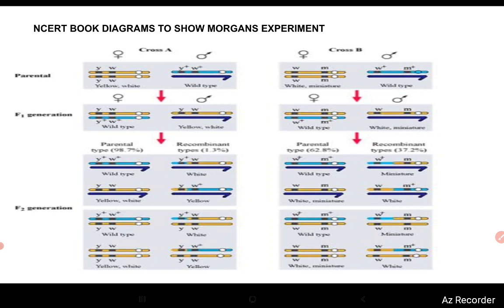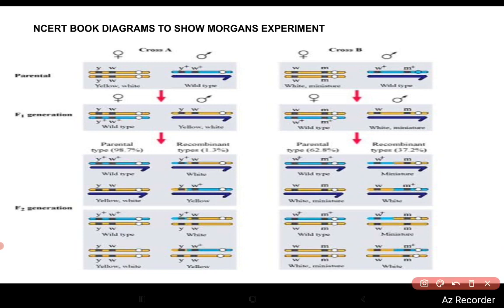So here the parental combination in cross 1 is yellow body and white eyes, which are the recessive traits in the female, and in the male it is brown colored body with red eye, which is the dominant, or what we call the wild form.